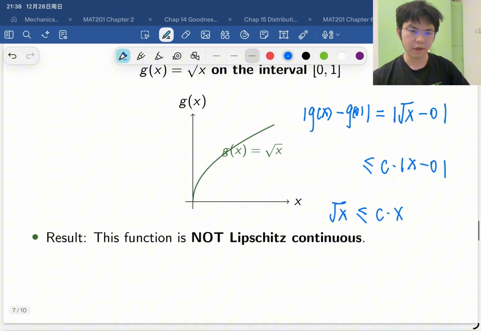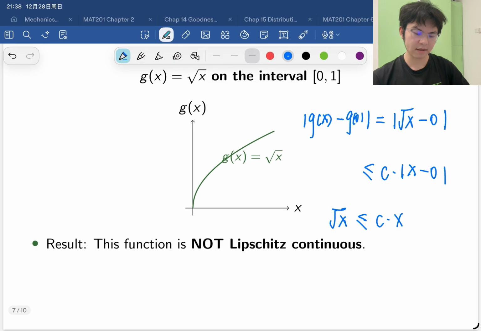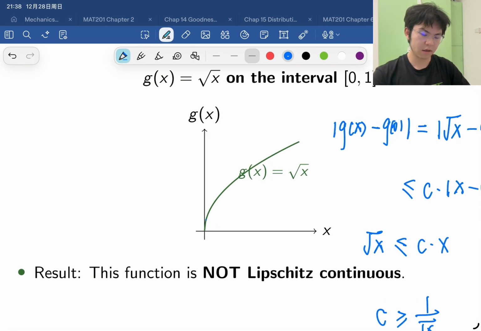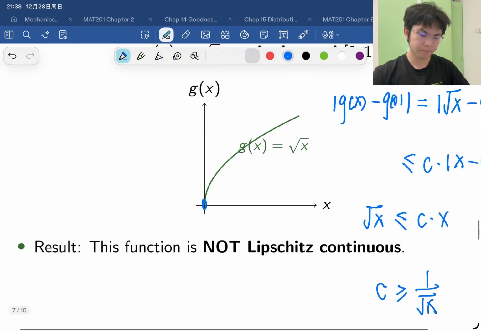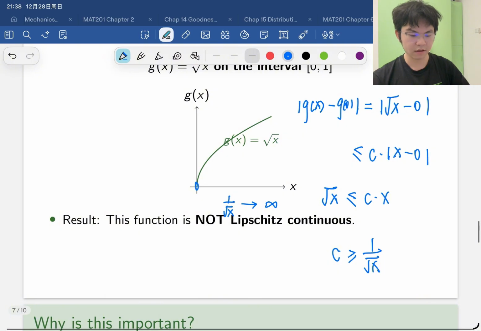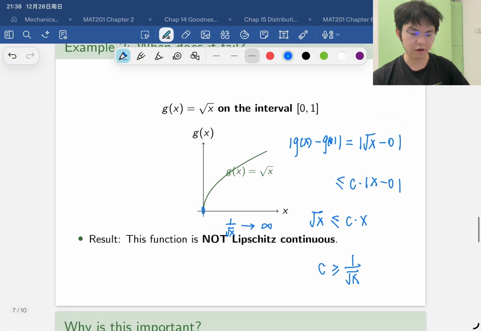We get that C needs to be larger than or equal to 1 over the square root of x. But from the image we can see that when x is close to 0, 1 over the square root of x approaches infinity. So there is no constant that can satisfy C. So the function is not Lipschitz continuous.